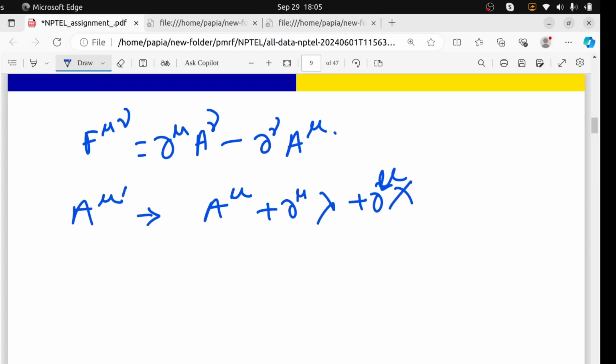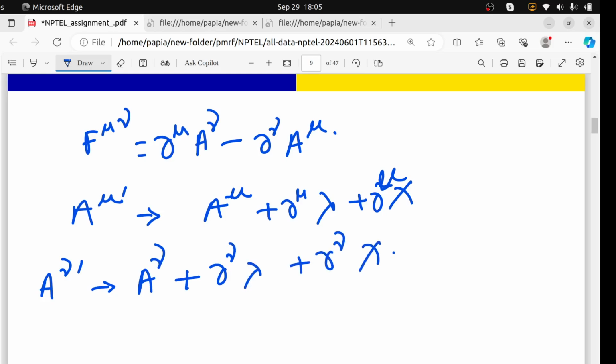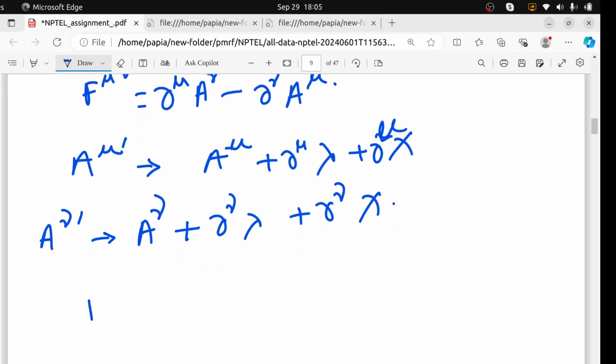Now, if I write A nu prime, what will it be? Simply we have to change the index, whatever was there, mu will be replaced by nu, plus del nu chi. So they are asking what will be the value of F mu nu prime. F mu nu prime means del mu A nu prime minus del nu A mu prime.